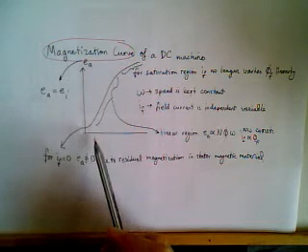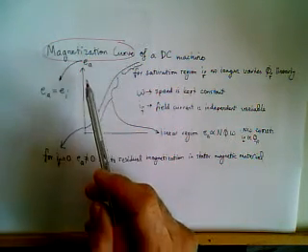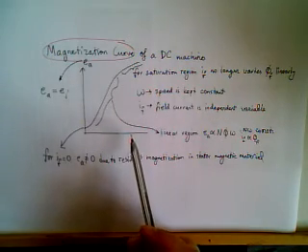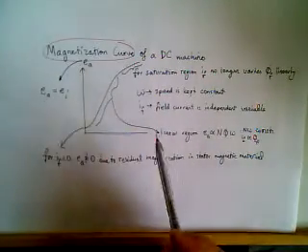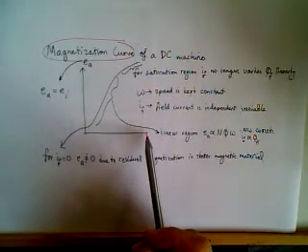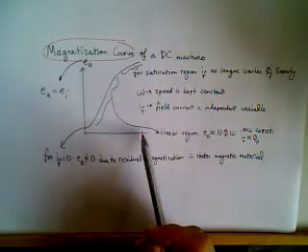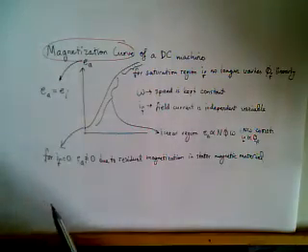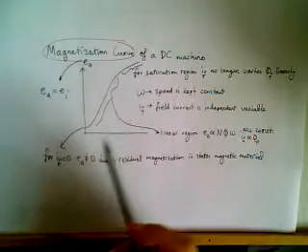Magnetization curve is a curve such that the B field with respect to H field is plotted, or equivalently, H is created by current, field current. So the horizontal axis is current and the vertical axis is induced voltage, which is also related with the B field.